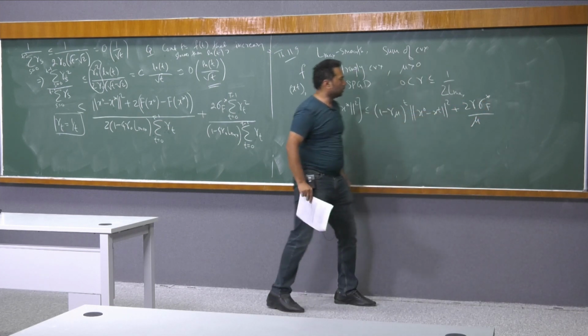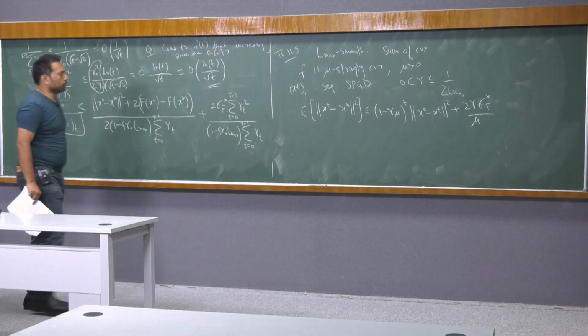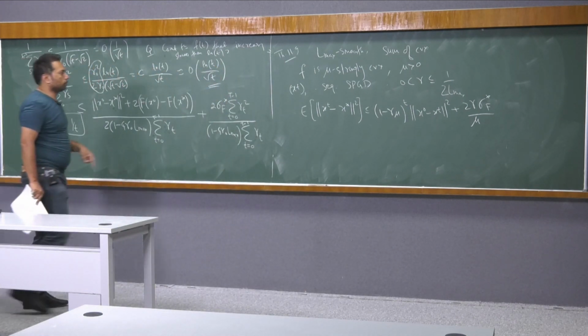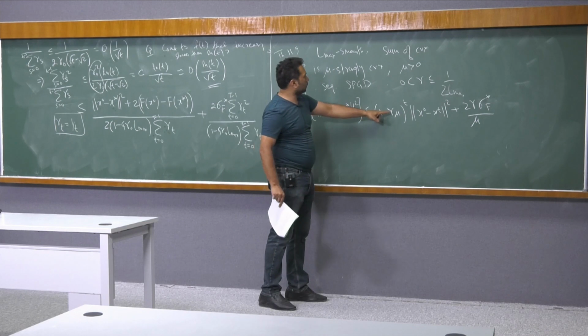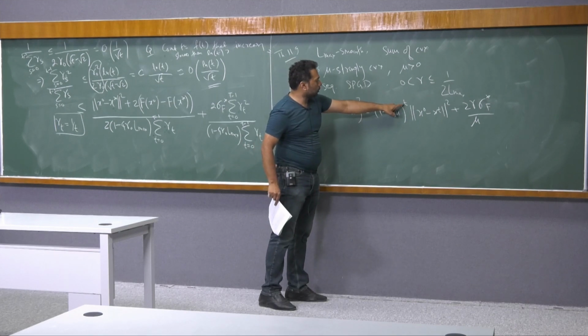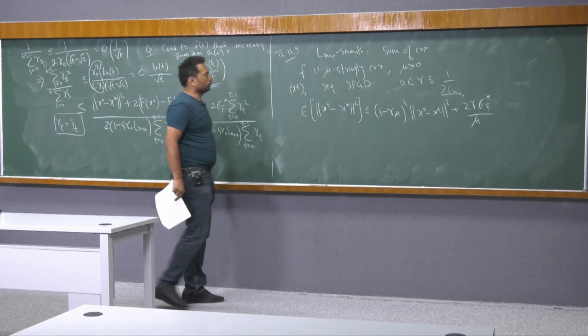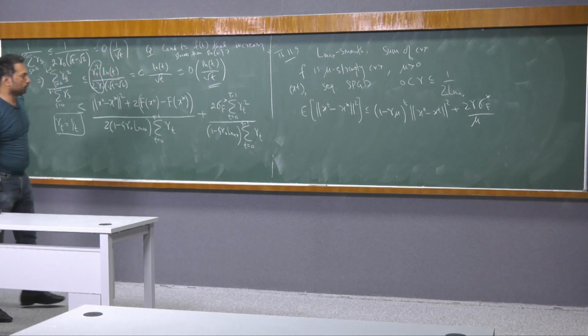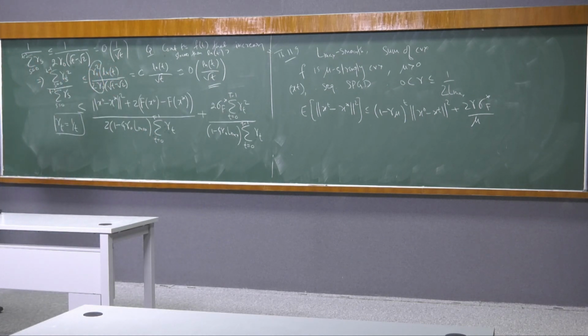Again, there is no guarantee for the second term. We may say that this factor is less than 1, hence as t tends to infinity it will go to 0, but we still have no control on the second term, so constant step length can still create problems here. But this is the result we have.